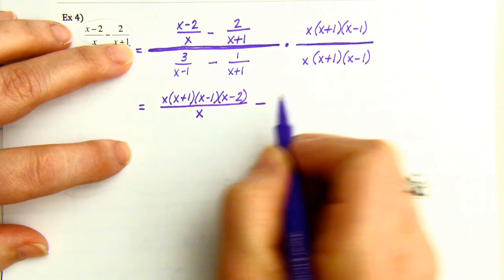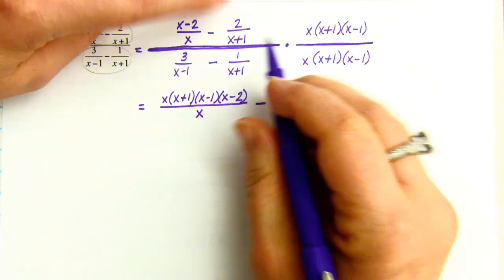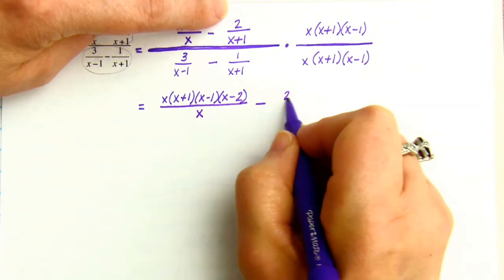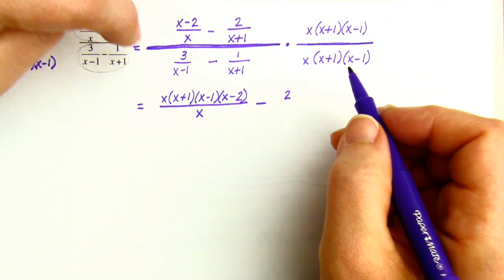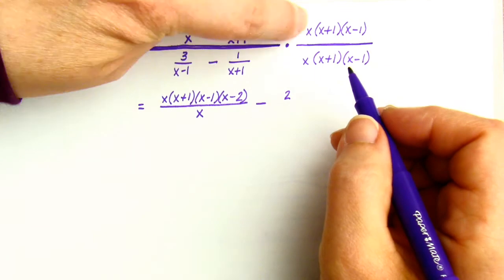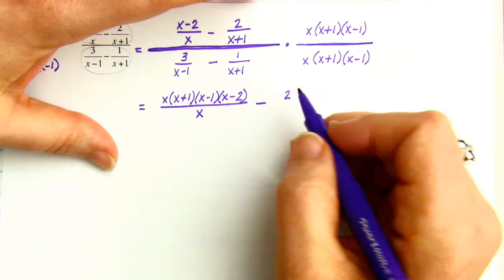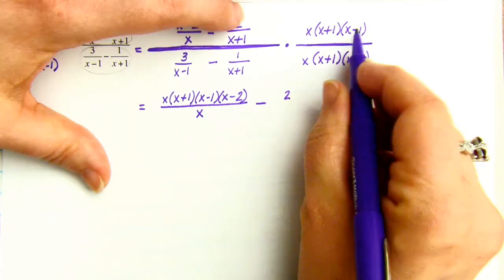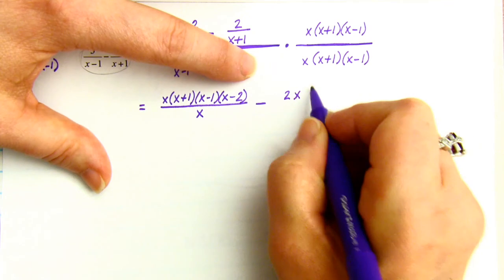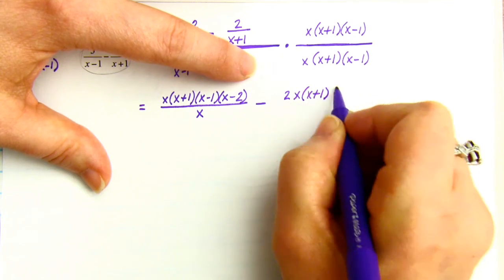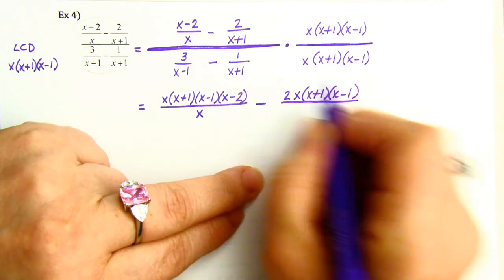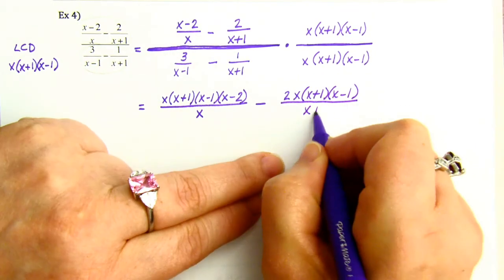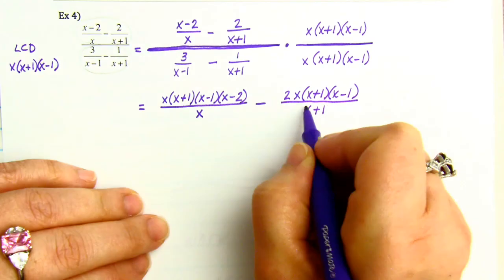Subtract. I'm going to put the 2 first. I know I didn't do that with the x minus 2, but it's all right. I didn't do that because it was a quantity and I didn't want this x sandwiched in between. So this 2 is that 2, and then I'm going to copy this over x plus 1. Remember, this is a quantity.